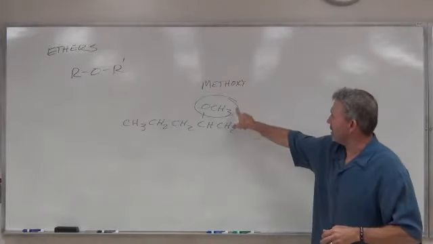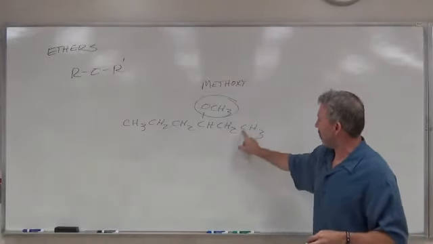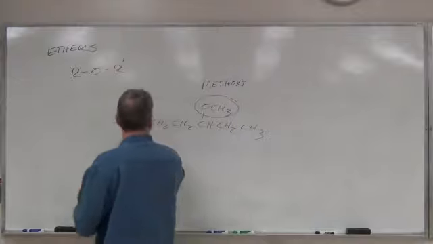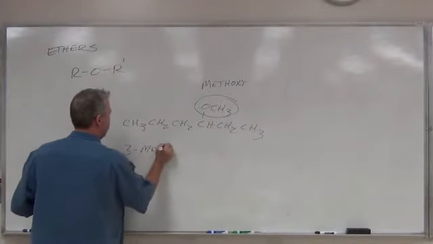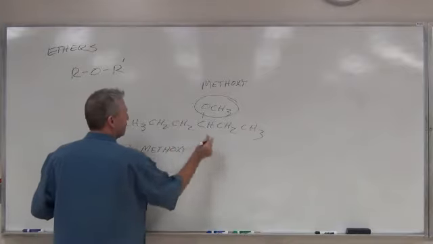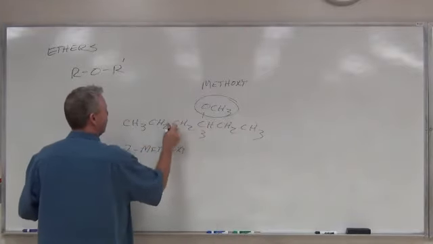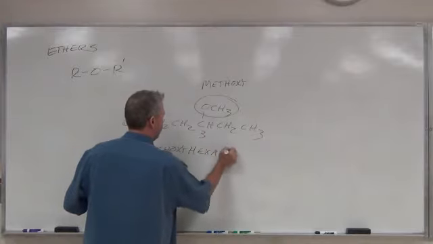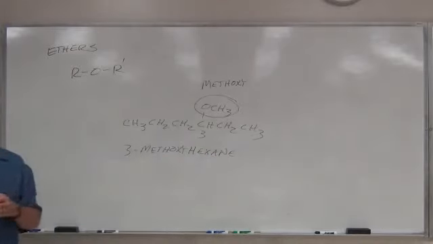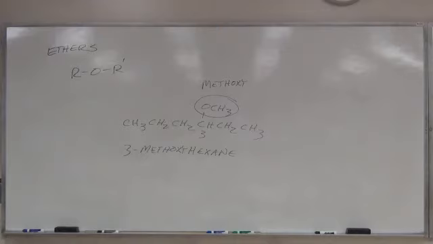And you just treat it as if it were a substituted group. 1, 2, 3, 4, 5, 6. This is 3 methoxy hexane.